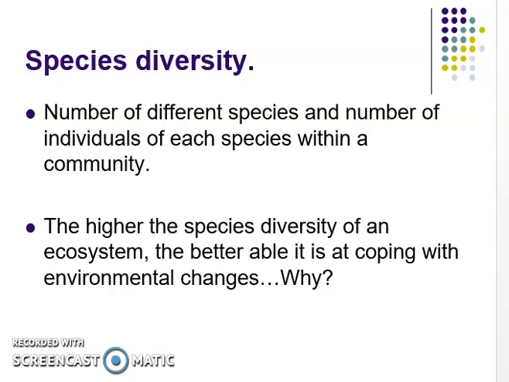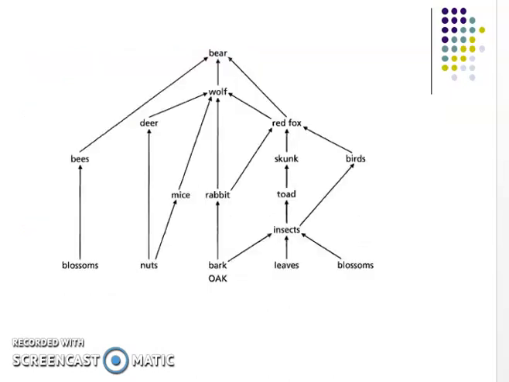I've already said this: the higher the species diversity of an ecosystem, the better able it is at coping with environmental changes. So this is a fairly simple food web. You've probably seen this before at GCSE. We have the producer at the bottom here, the oak tree, and these are all the things that this producer makes. From this bottom trophic level, we'll do more about this when we do topic 5, we have the primary consumers, the things that feed off it, usually herbivores.